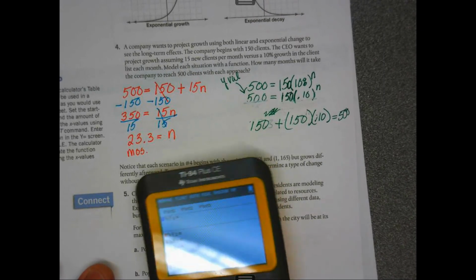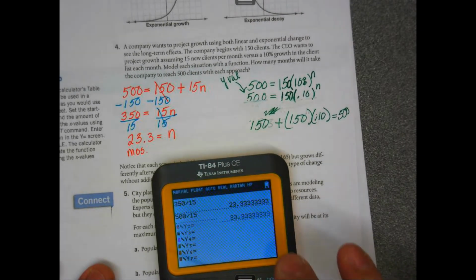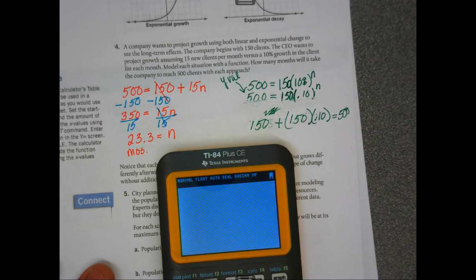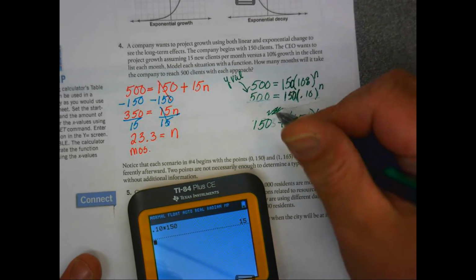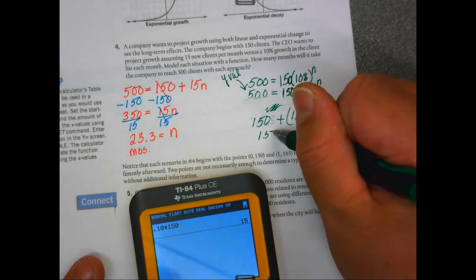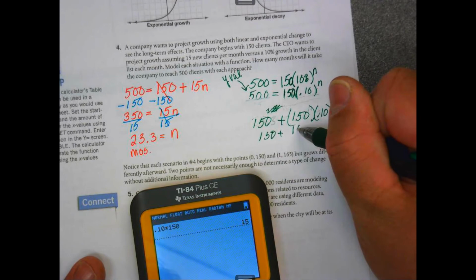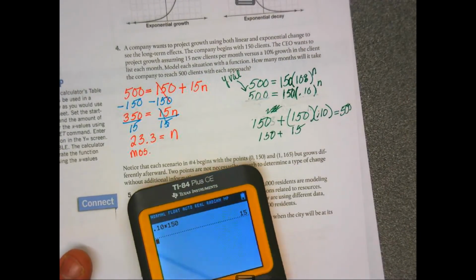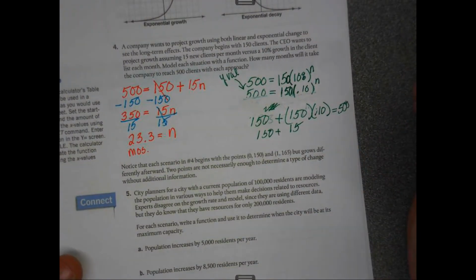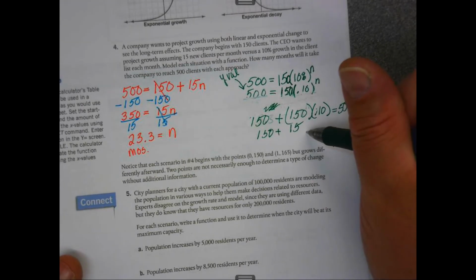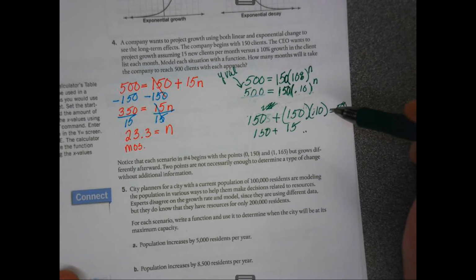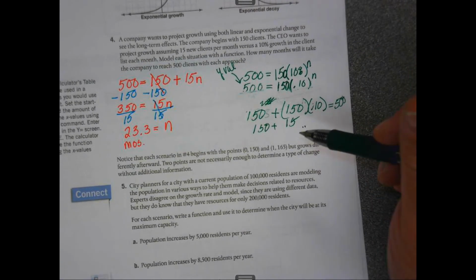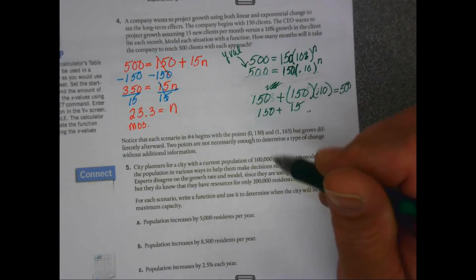So 10% of 150 is 15. So it comes out exactly like the arithmetic sequence. It was a bad example, they're just trying to trick you. Okay, so I don't like this one, so let's try the next one.